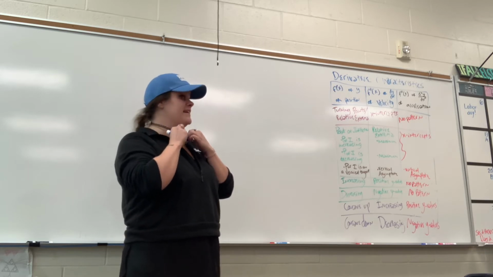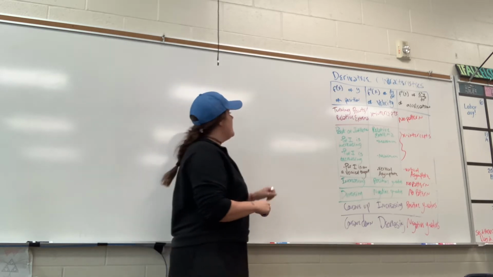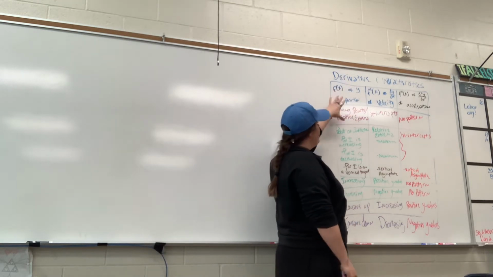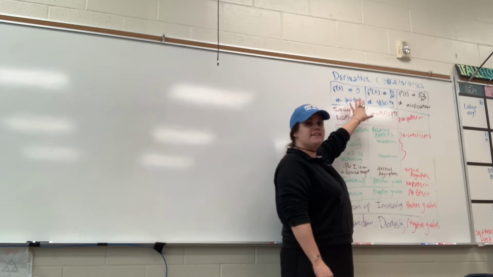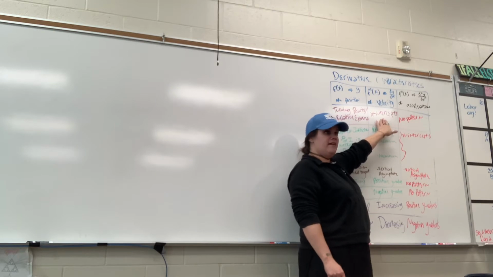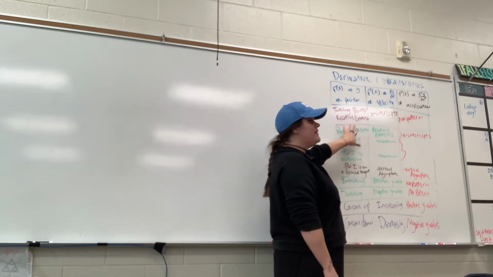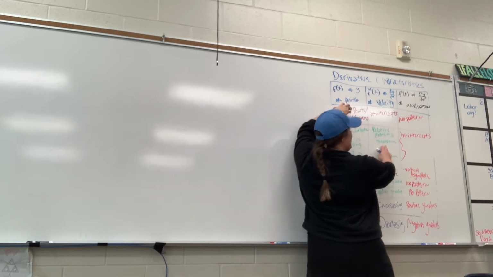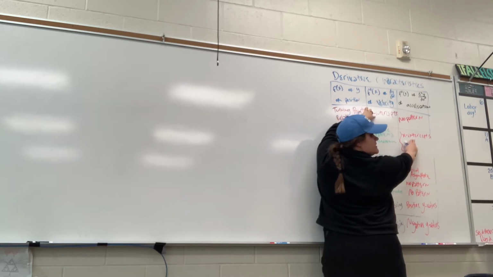Now, listen. I'm going to use my choice of words very specifically here. Where the original has relative extrema, its derivative has x-intercepts. Where the original has a point of inflection, the first derivative has relative extrema, so its derivative should have x-intercepts.